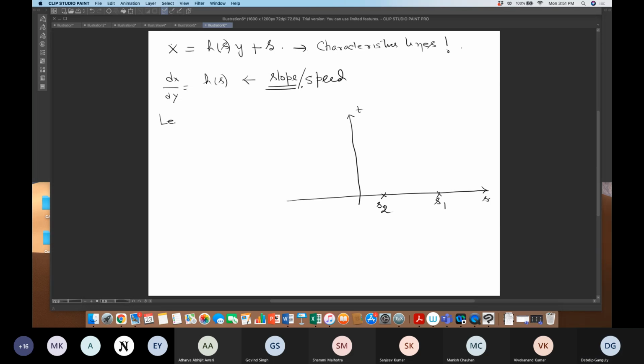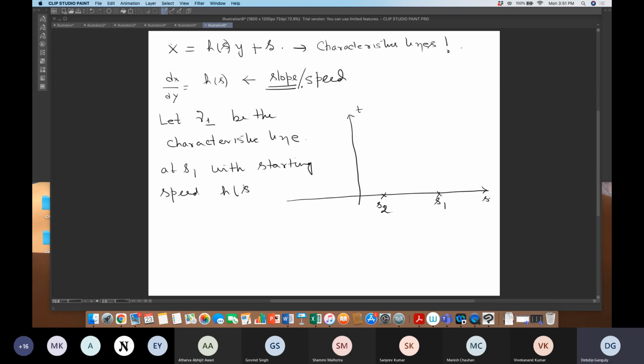Let gamma 1 be the characteristic curve, or of course here a line, at S1 with starting speed, or slope, h of S1.